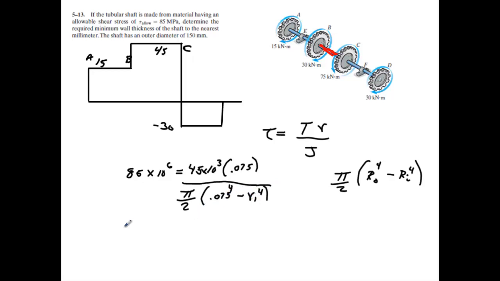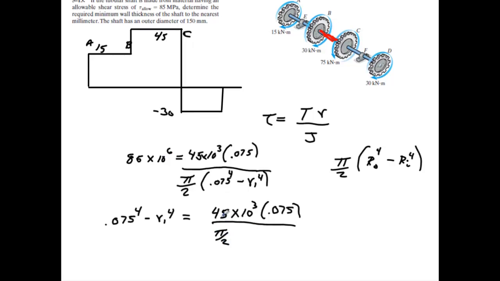Alright, so what we can do is bring this all the way up. Pi squared still down here. And then we'll bring this down to here.